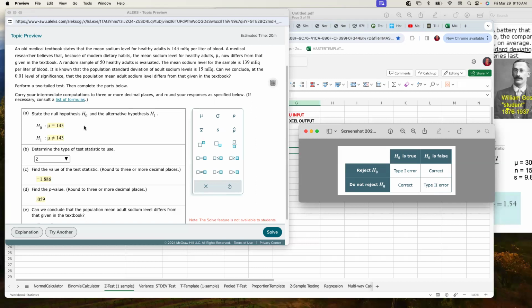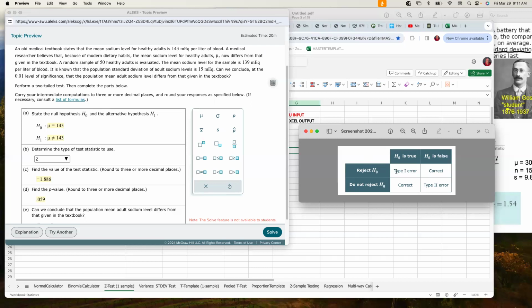That consequence could be dire here. Okay, but in this one here, like I said, we would just be, I guess, withholding that new diet from them, and does that have a disastrous consequence? That's debatable. So, that's part of it, is like, what are the consequences of making these errors?